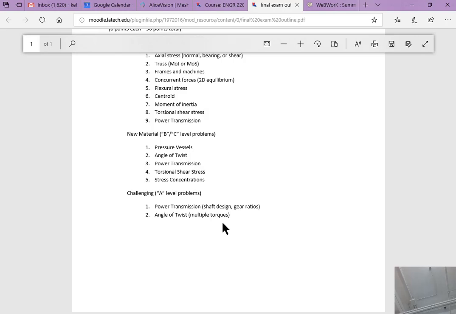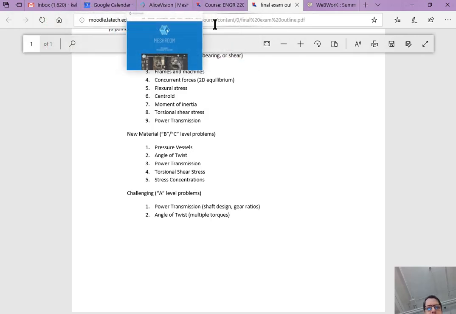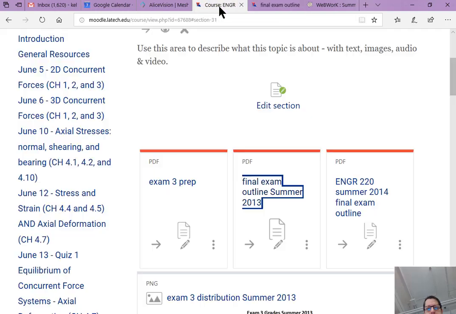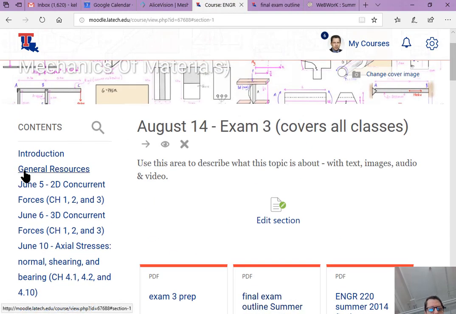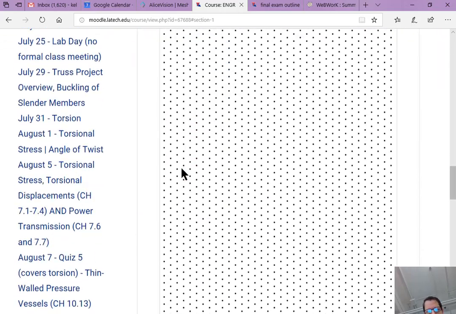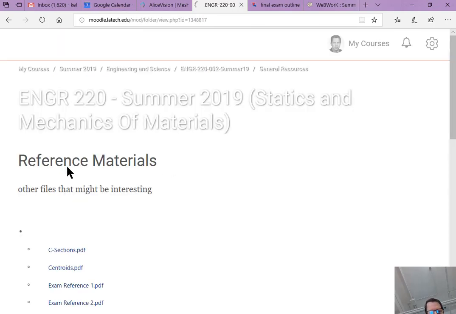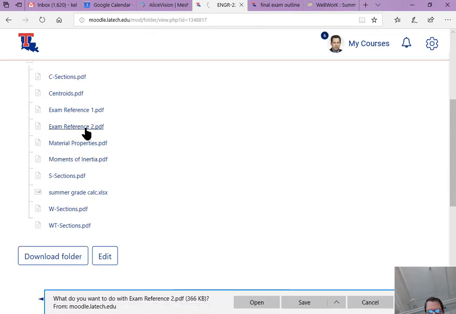Oh yeah, you don't get the one that I put on the Moodle page. You get the one that's on Moodle, in the general resources, right here. I don't remember what page it's on.